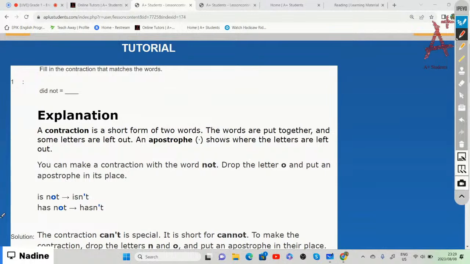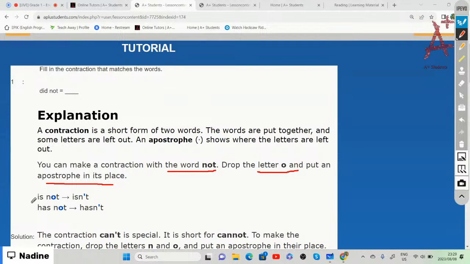But now you can make a contraction with the word not. You can make a contraction with the word not by dropping the letter O and we put an apostrophe in its place. So the word not, we drop the O and then we put the apostrophe in its place. And remember, we are putting these two words together.